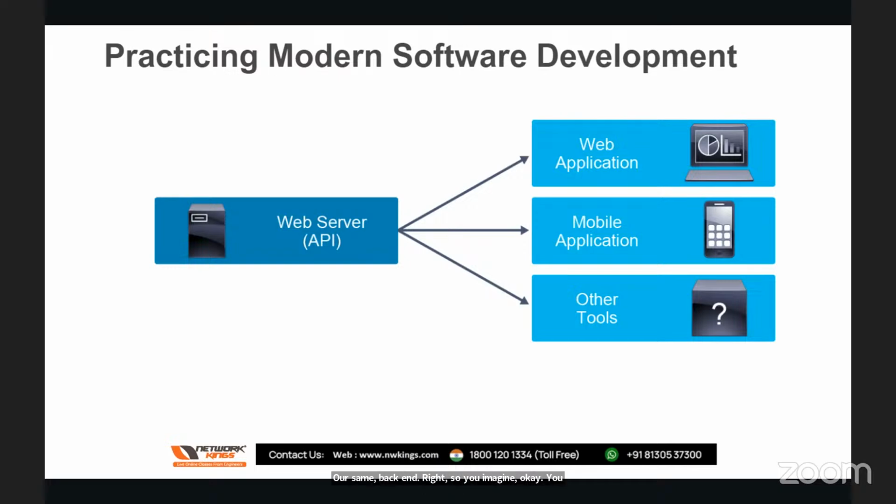Imagine you have Facebook, and all the data regarding this Facebook will be stored inside, let's say, a web server. That's where all the data is stored, on a server or a storage area. And you have multiple front ends for this. You can have your web application, your mobile application, and other tools if you're using other kinds of devices.